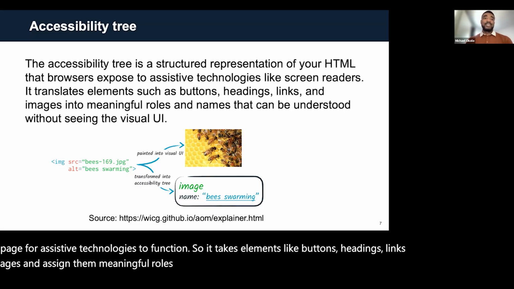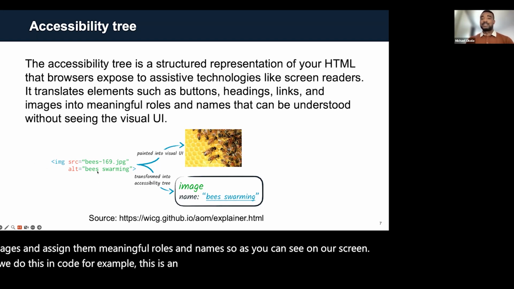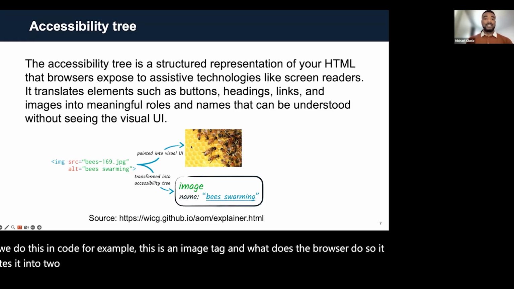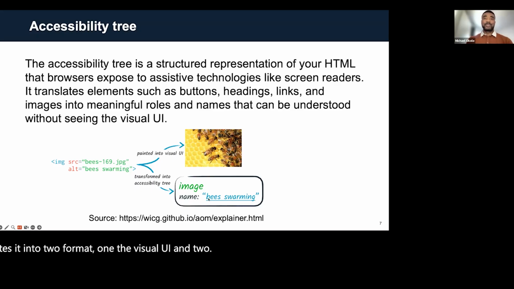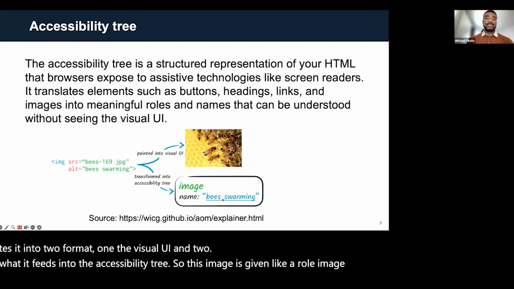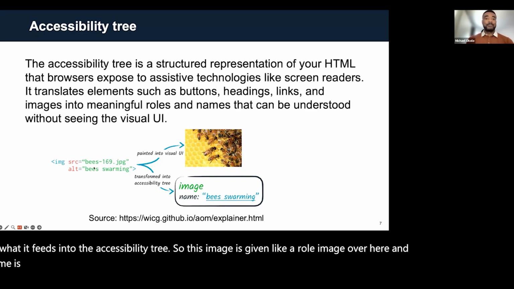As you can see on our screen, when we do this in code, for example, this is an image tag, and the browser translates it into two formats. One, the visual UI, and two, what fits into the accessibility tree. This image is given a role of image over here, and the name is assigned whatever we put into the alternative text.